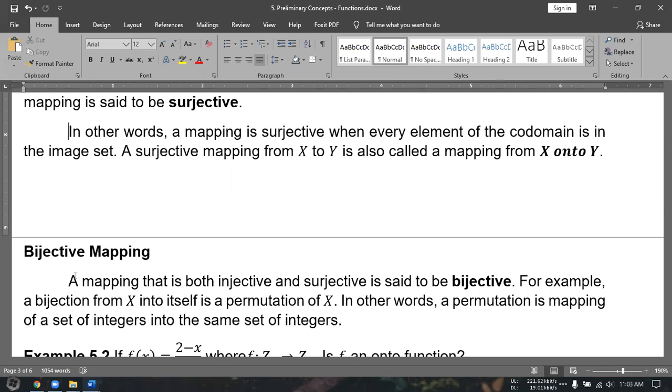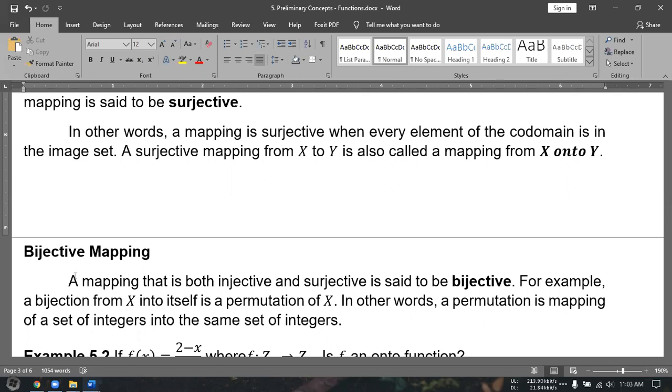Let's repeat the definition. We say that a function is one-to-one if every element in x maps to a unique element in y. That is one-to-one.